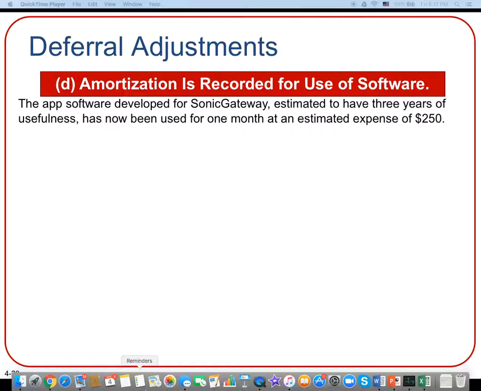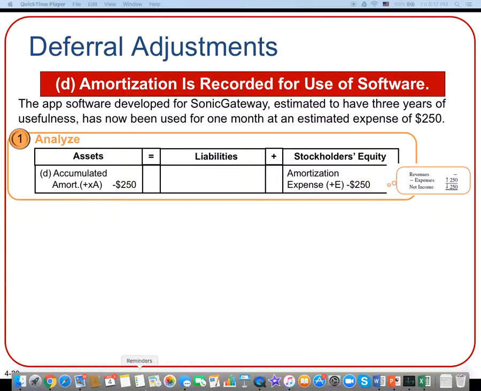Amortization is recorded for the use of software, because any intangible asset we have to amortize. Once we develop software that we're supposed to use for 3 years, you have to capitalize it, right? Once capitalized, you have to amortize it, the same way as the depreciation expense.